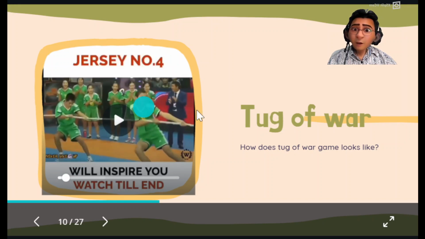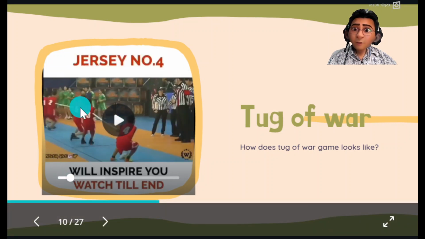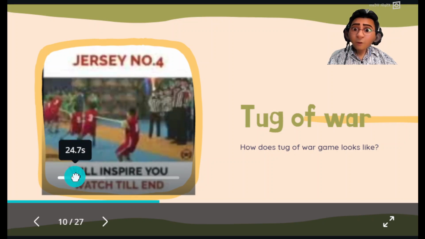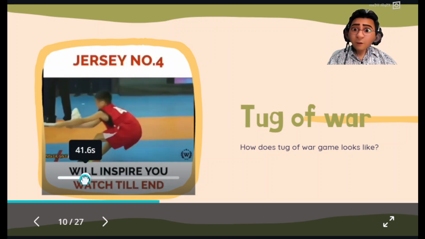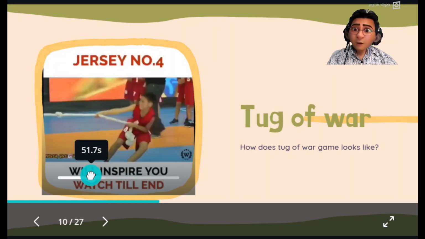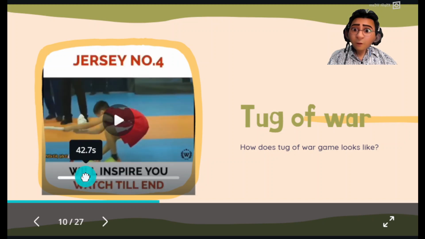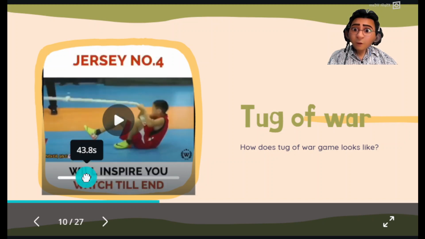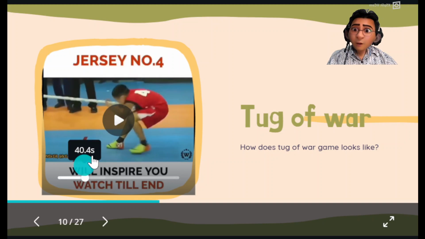Each group will fight the other by pulling the rope, tarik tali ini. If the whole group crosses this line, they will lose.